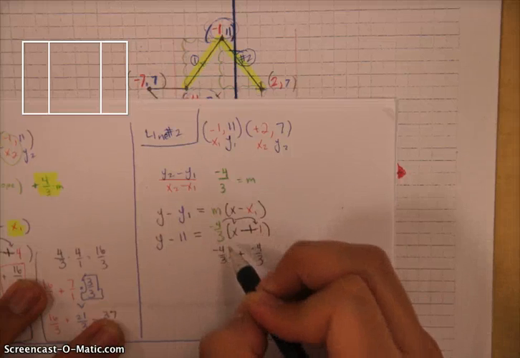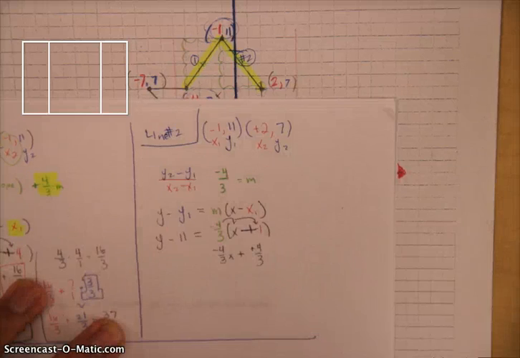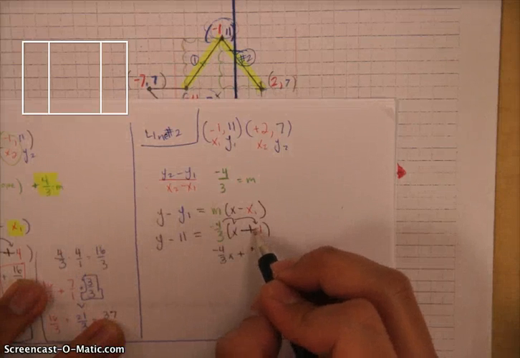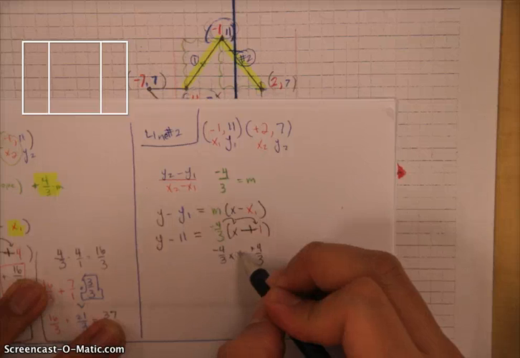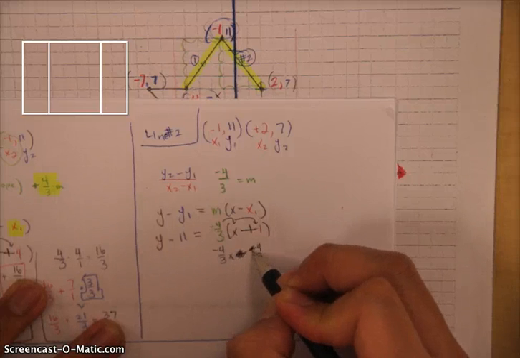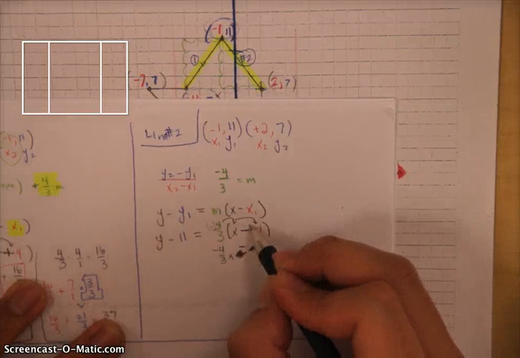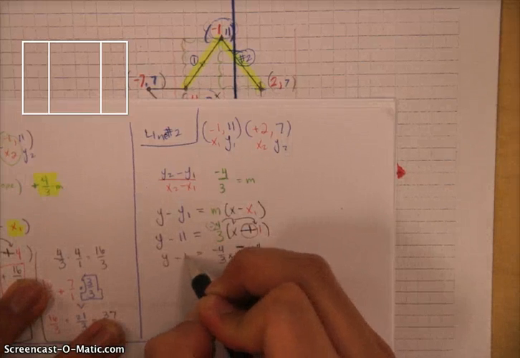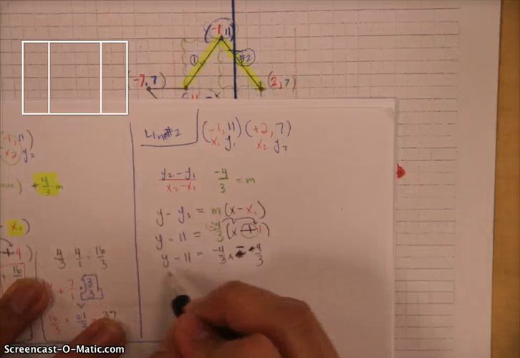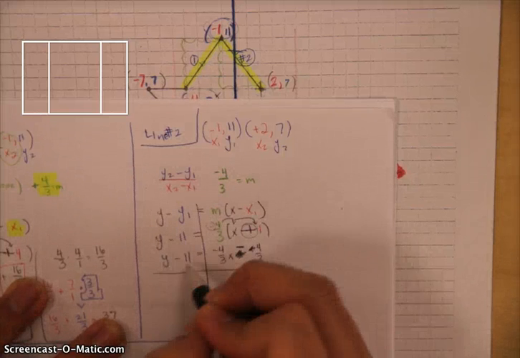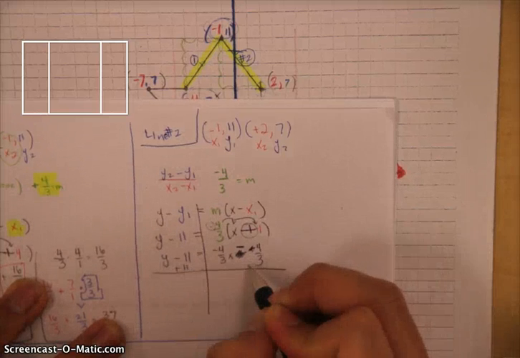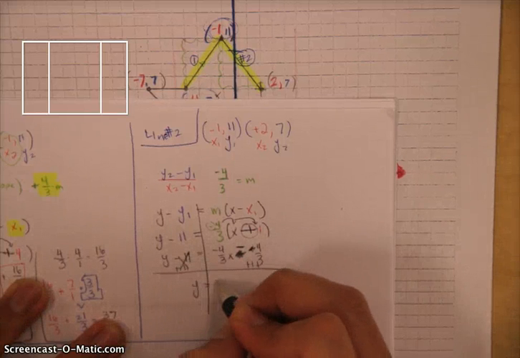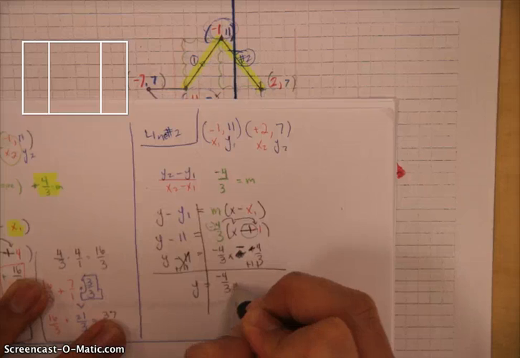Actually, negative times a positive should be a negative, so negative 4 over 3, equals y minus 11. I'm going to add 11 over here and add 11 over here. Cancel, y equals negative 4 over 3x.